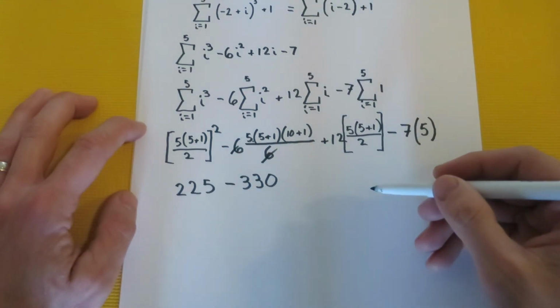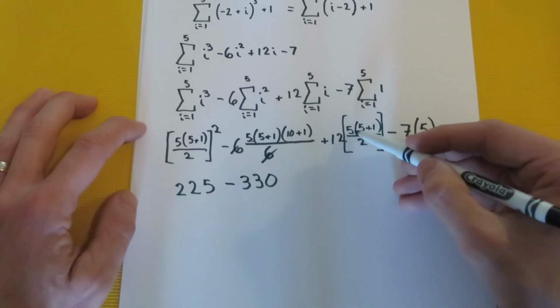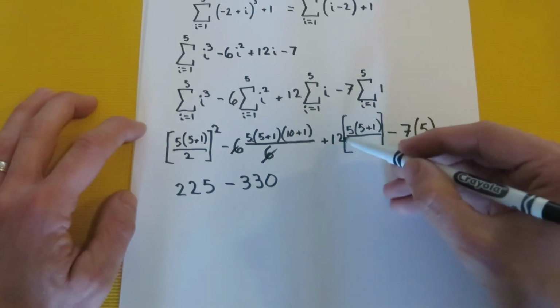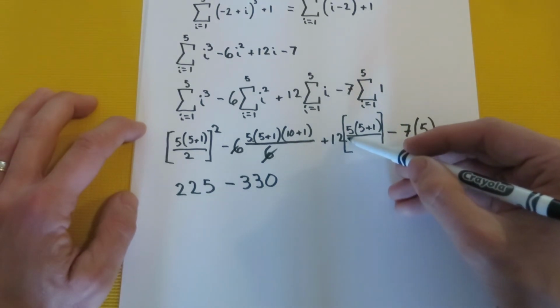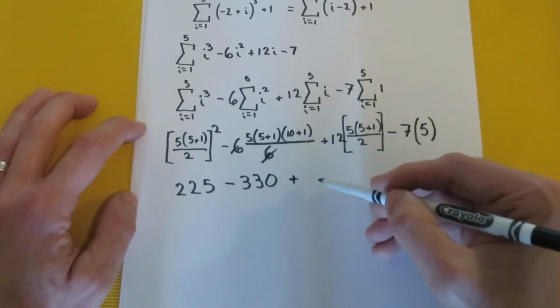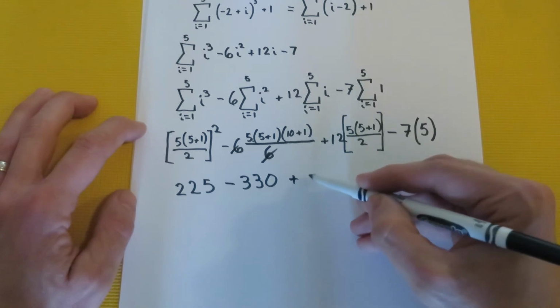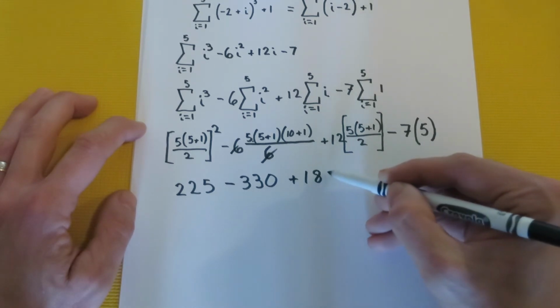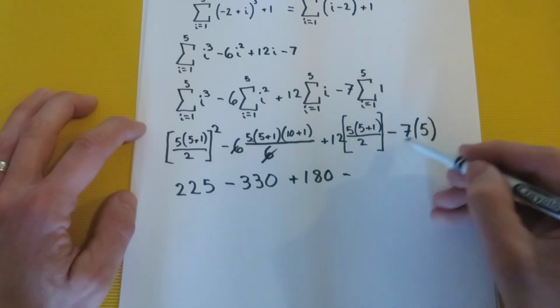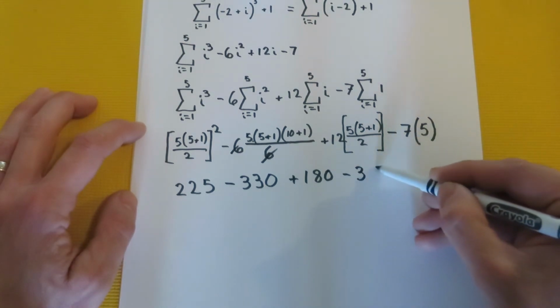Here we have 5 times 6, which is 30, divided by 2, which is 15. 12 times 15 is 180. And minus 7 times 5, which is 35.